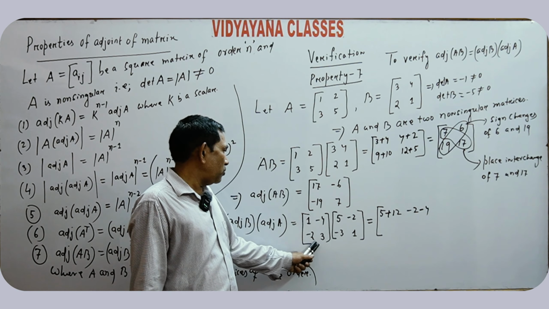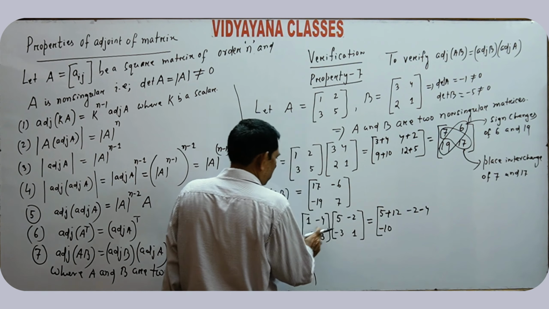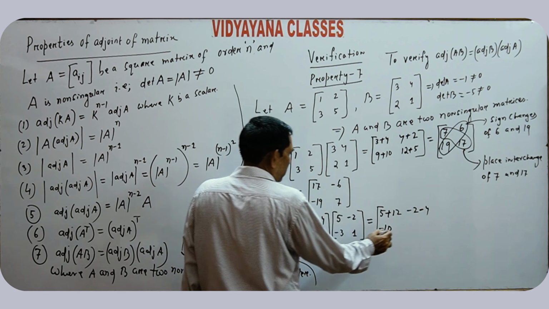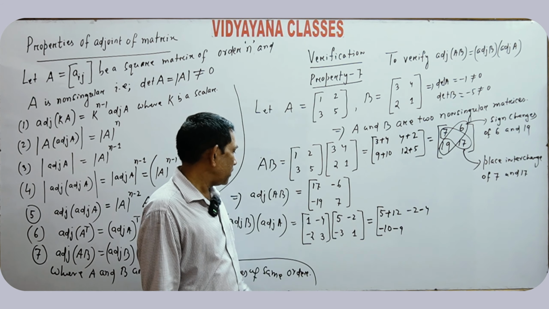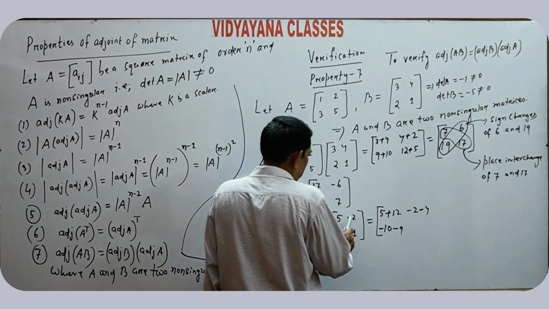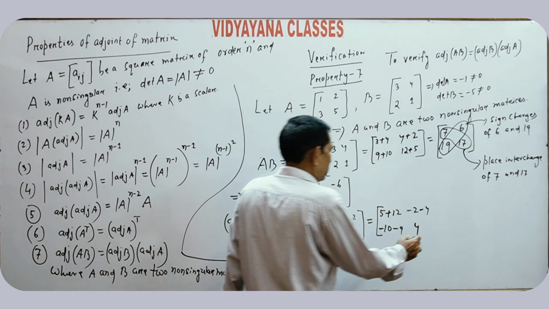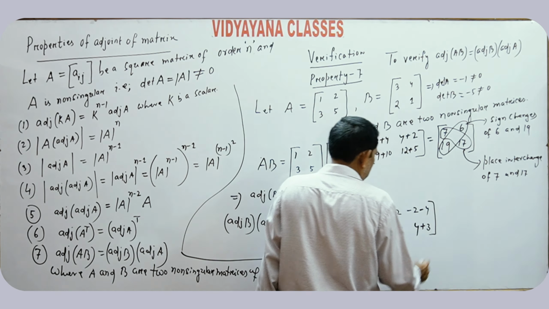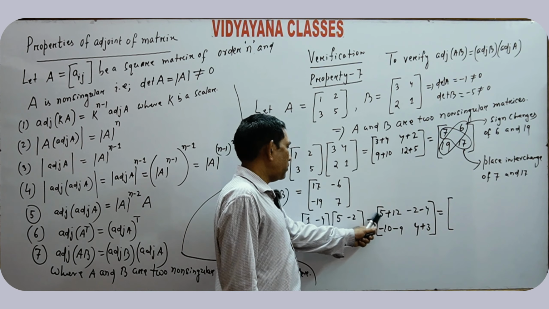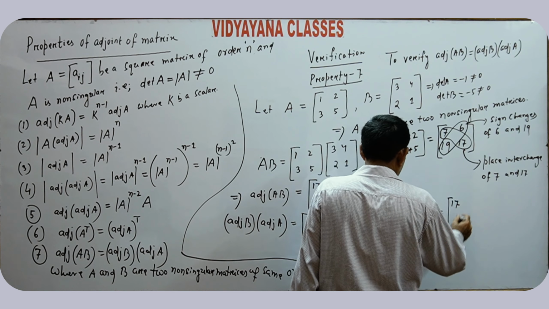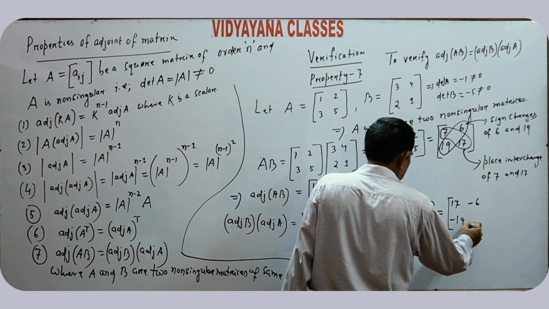Next, row 2, column 1: -2 into 5 is -10, 3 into -3 is -9, it gives -19. Next, -2 into -2 is 4, 3 into 1 is 3, which is same as 12 plus 5, that is 17, -6, -19 and 7.